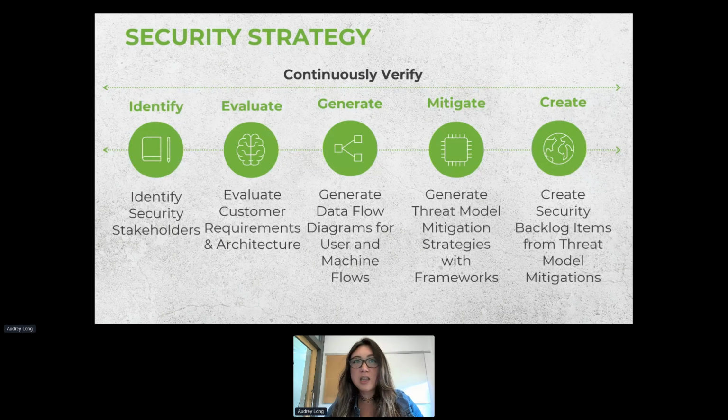Then we'd like to evaluate the customer requirements and that architecture in that design phase. Generate that data flow diagram, understanding the authN, authZ story and protocols for each of those flows, both human and machine users. Generating those threat model mitigation strategies with frameworks and identifying those threats. And then creating security backlog items from those threat model mitigation candidates.